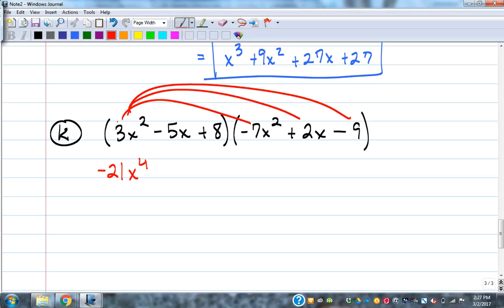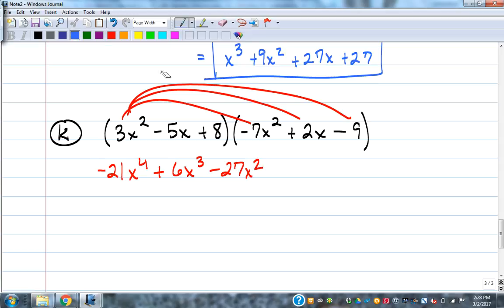Then plus, y'all help me out. All right, 6x to the 3rd minus 27x squared, right?